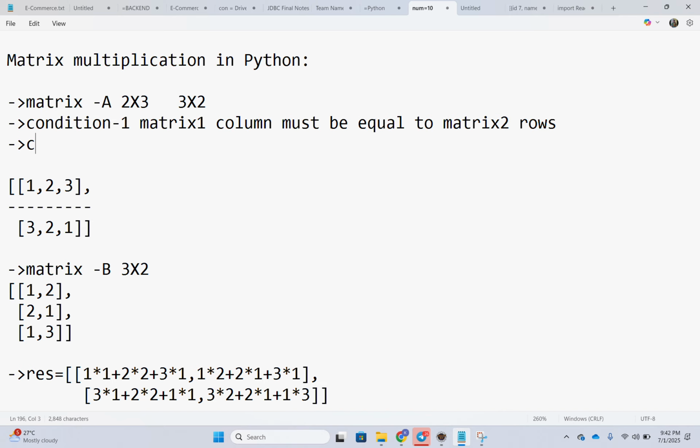So the second condition is about the resultant matrix size.